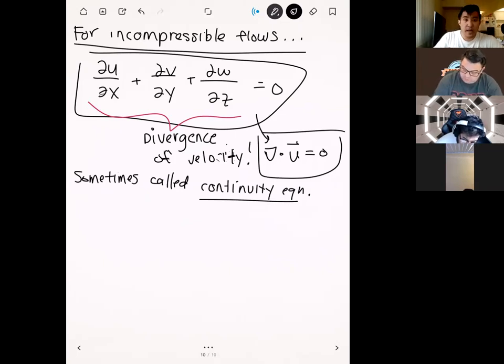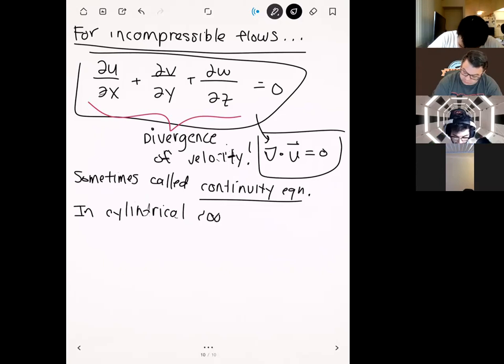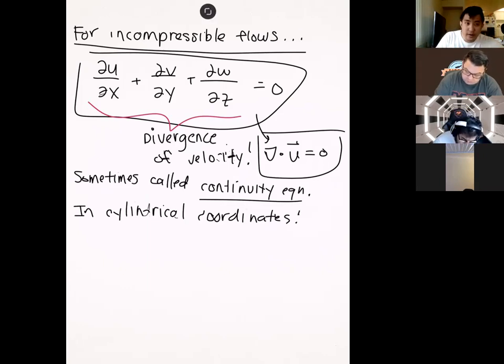Just for completeness, sometimes you might have flows where it's more convenient to use cylindrical coordinates. The expression at the top here is the continuity equation in Cartesian coordinates, but we can come up with the same expression for cylindrical coordinates. I'm not going to derive this, I'm just going to give it to you.